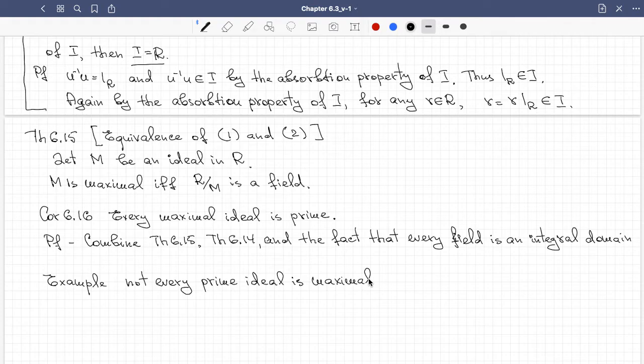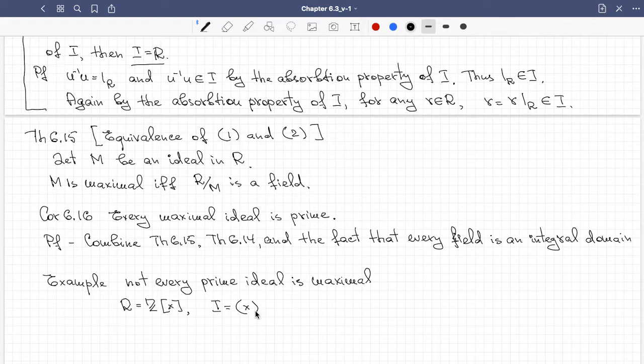Indeed, as in the example above, we consider the ring R to be the ring of polynomials with integral coefficients, and we consider the ideal I as we took previously.